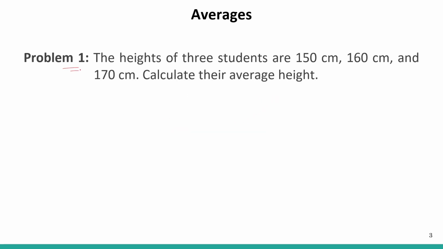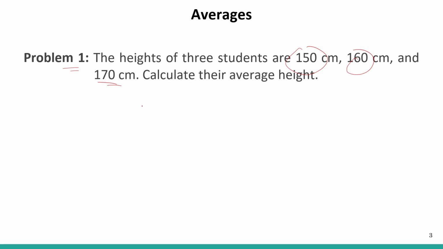So problem number 1. The heights of three students are 150 centimeter, 160 centimeter, and 170 centimeter. If these three numbers represent three students' heights, then calculate their average height.